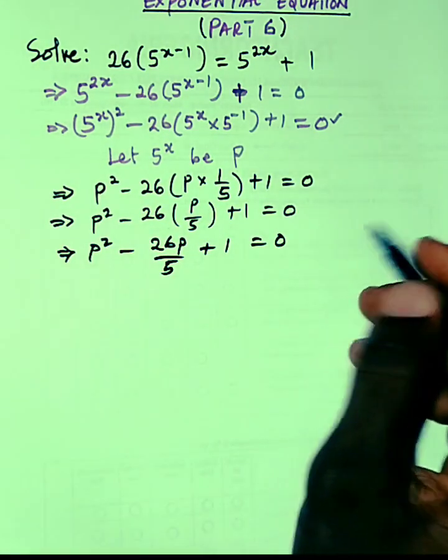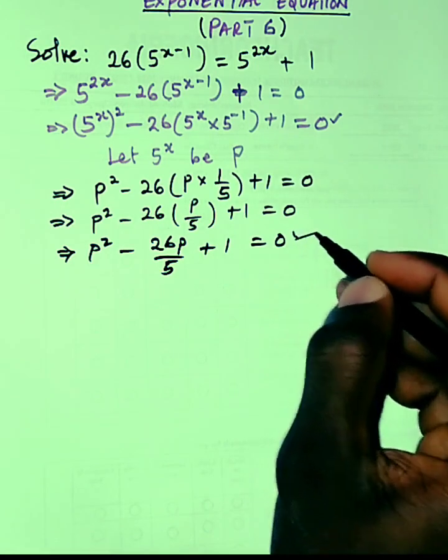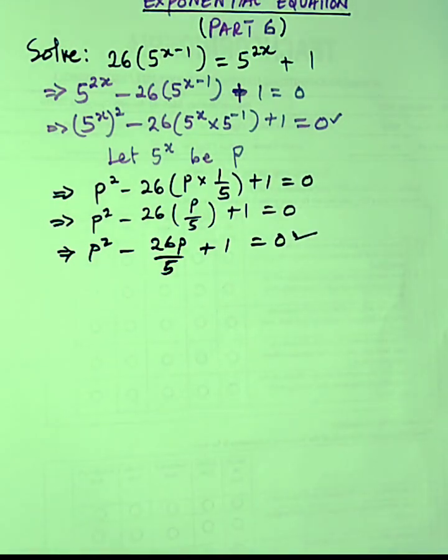Now this equation here, we are going to multiply through by 5 so that it will be in a linear form, in the sense that we clear out the fraction.